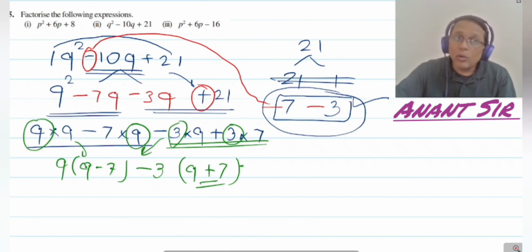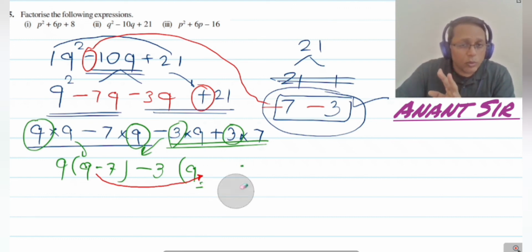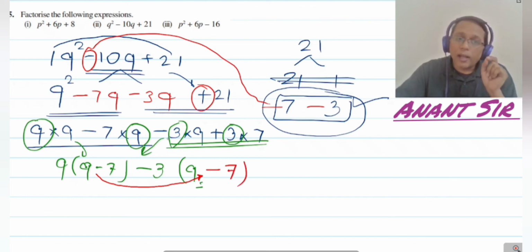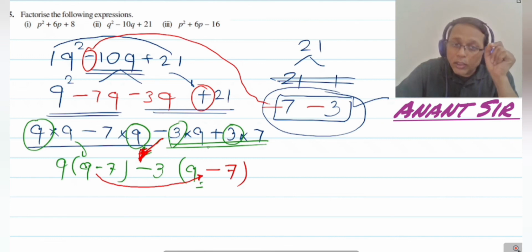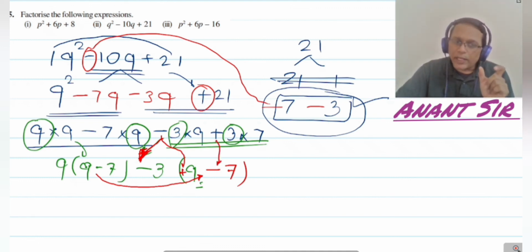I have already told you in the last video also, give the sign whatever is there in the first bracket, give that sign in the second bracket. I have told you the reason also. What is the reason to do that? We have taken negative sign common, we have taken minus 3 common. So we have to change the sign of all the terms in the bracket. So minus q became plus, and this plus 7 becomes minus. We forget this very easily.